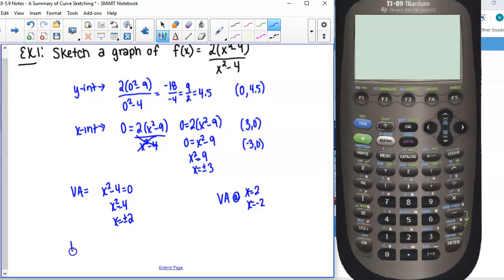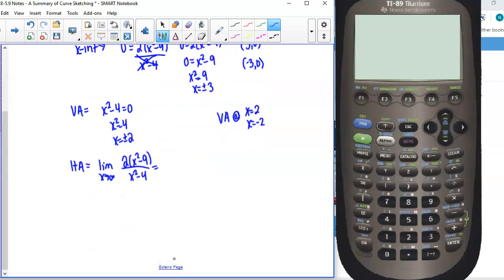What about our horizontal asymptote? For our horizontal asymptote, we're going to do the limit as x approaches infinity of 2 times x squared minus 9 over x squared minus 4. So, Cameron, when we do the limit as x approaches infinity of that, what will we get?